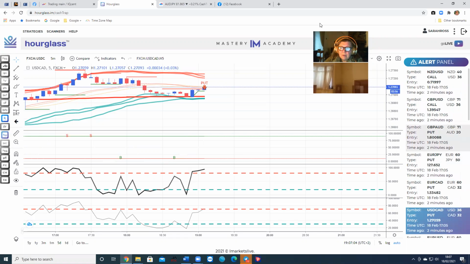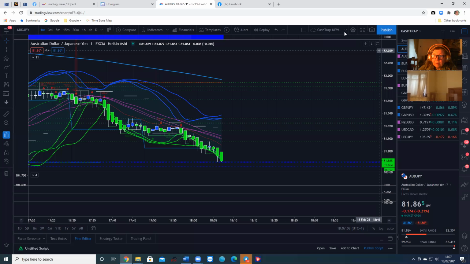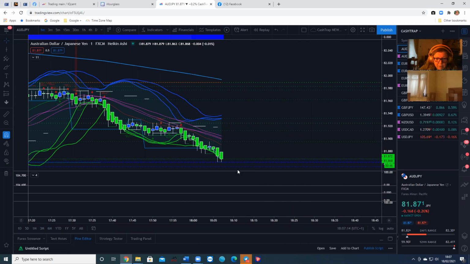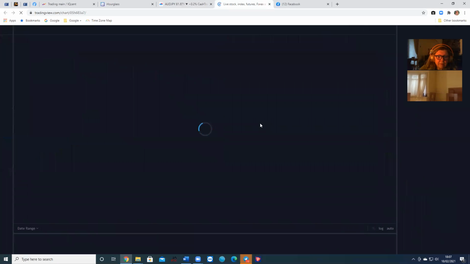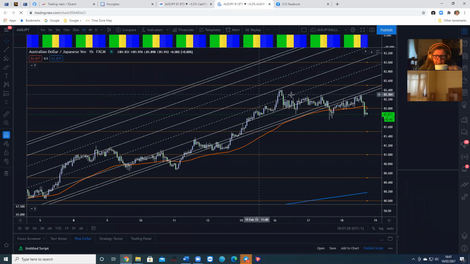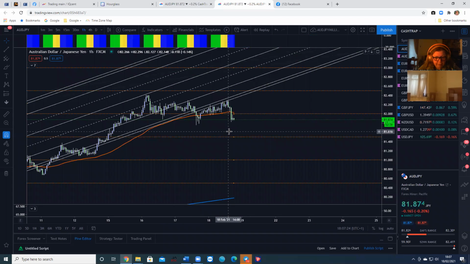Yeah. So if I turn to show you on here, JPY, on the hourly. That is selling on the hourly.